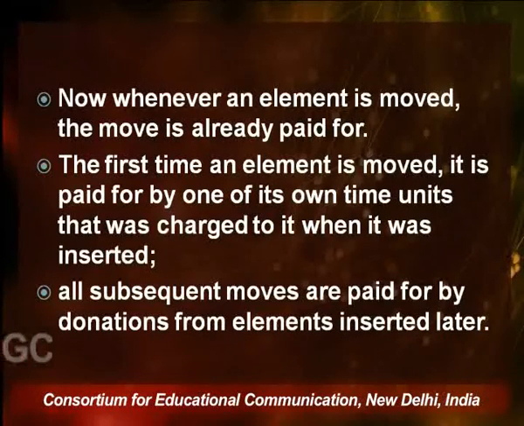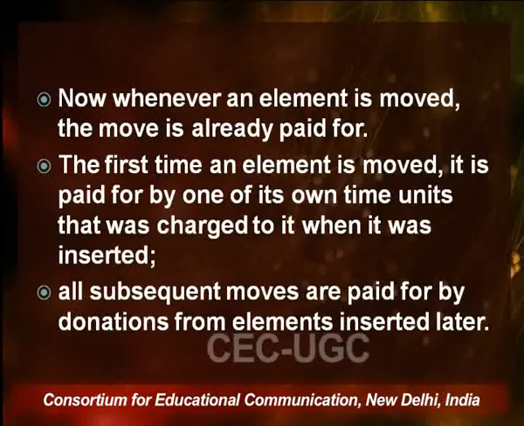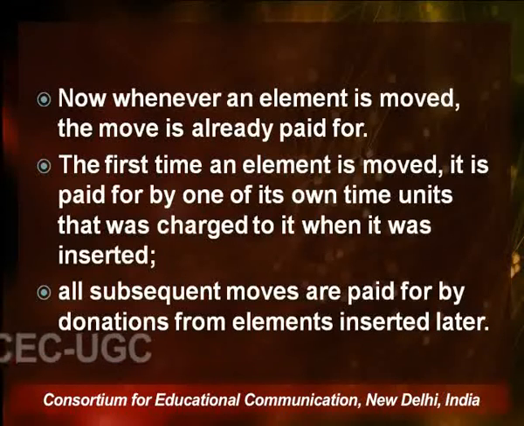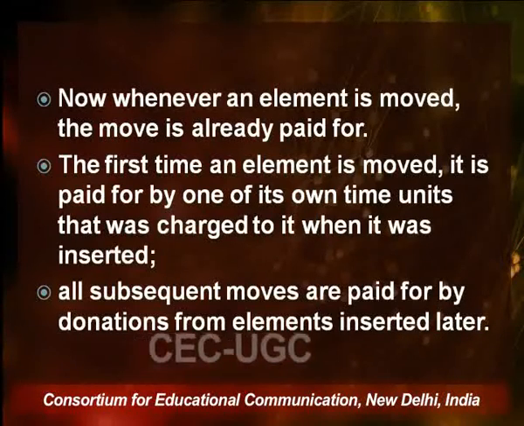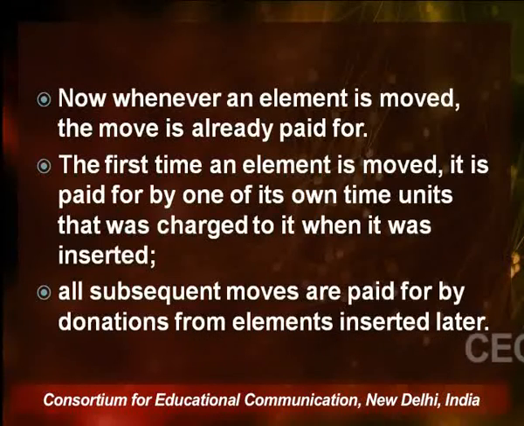The first time an element is moved, it is paid for by one of its own time units that was charged to that particular element when it was inserted, and all the subsequent moves are paid for by donations from elements inserted later.